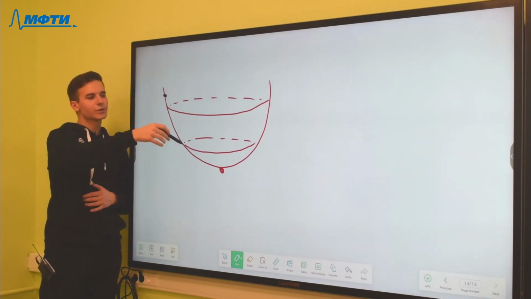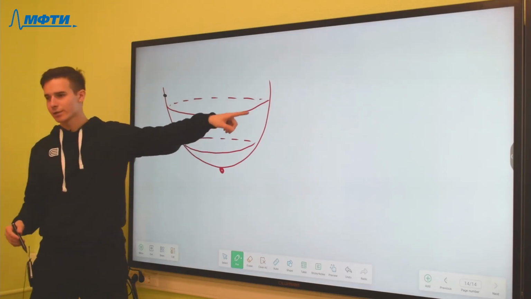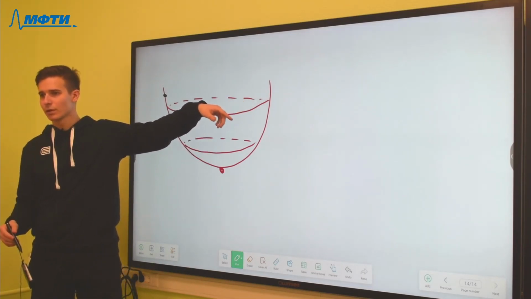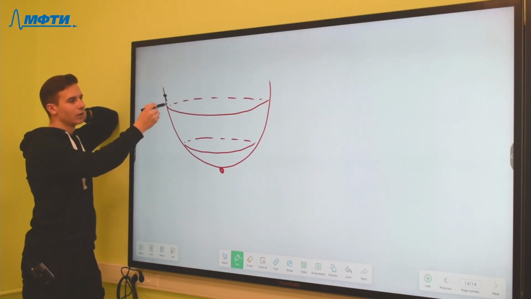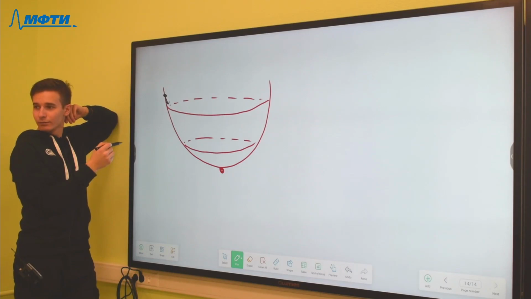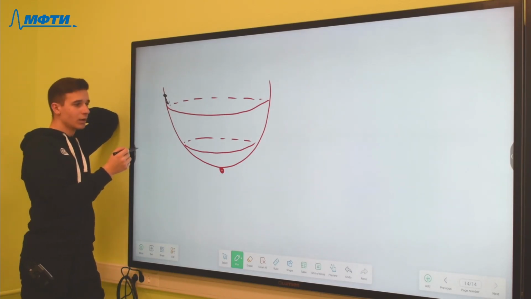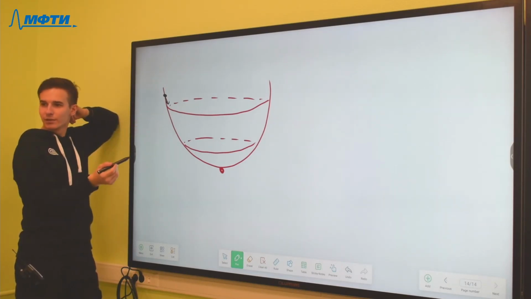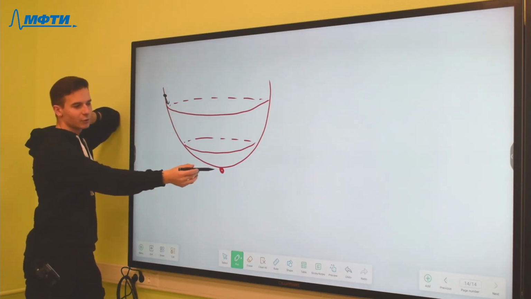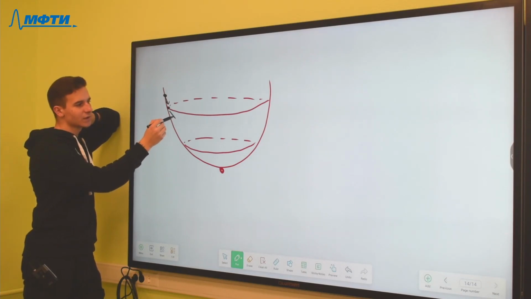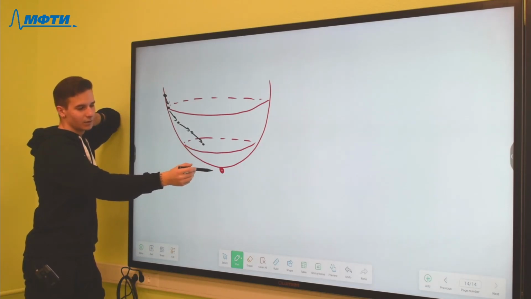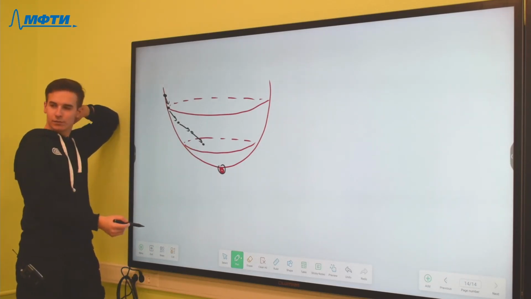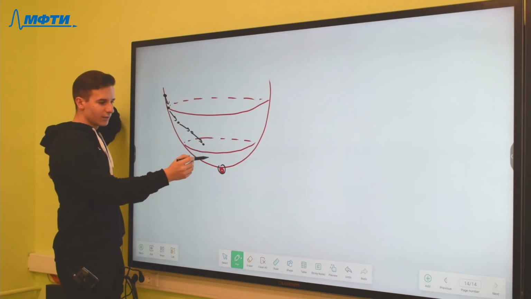And you don't know the analytical function of this wall. You can ask, for example, what is the gradient here? Do you know what is gradient? And there are some stochastic solutions of finding extremum, but in most cases you cannot find the right point.